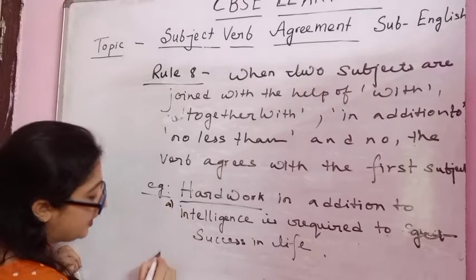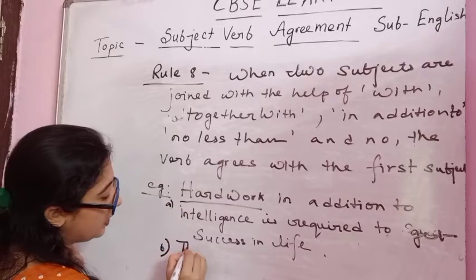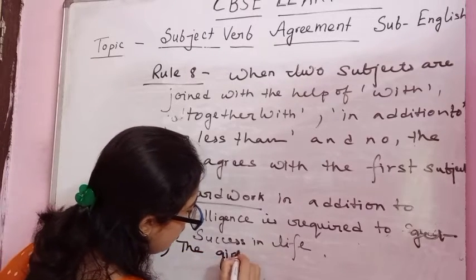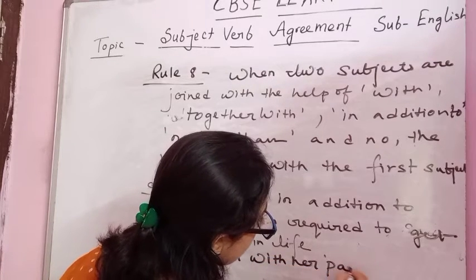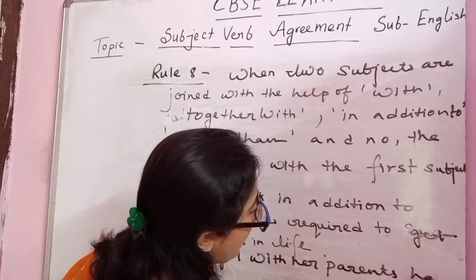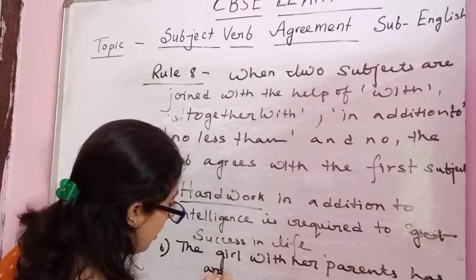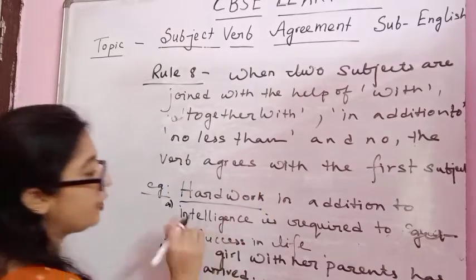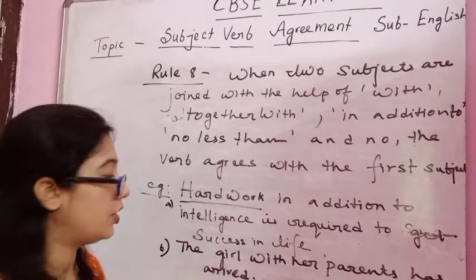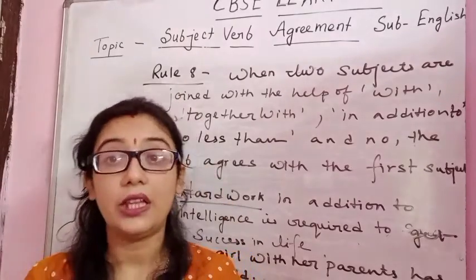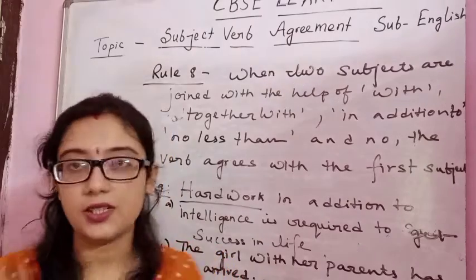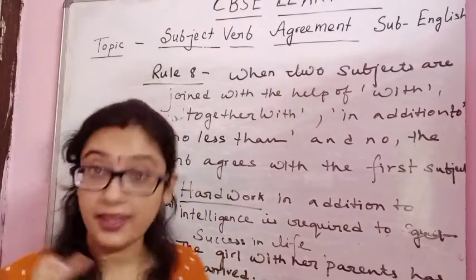Now let's see the second example. The girl with her parents has arrived. Maybe in the first example you can't get clarification, but in the second one, when we are using "the girl with her parents," the first subject is singular in number and the second subject is plural.